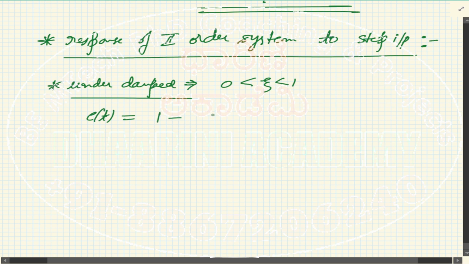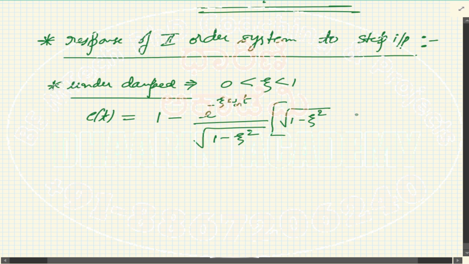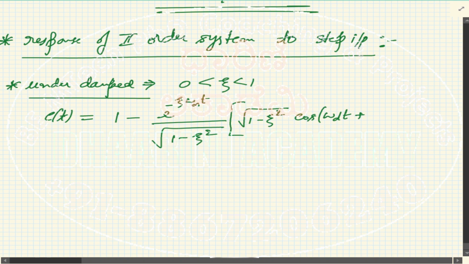So 1 minus e to the minus zeta into omega n into t whole divided by root of 1 minus zeta squared, into cos omega d t plus zeta into sine omega d into t.